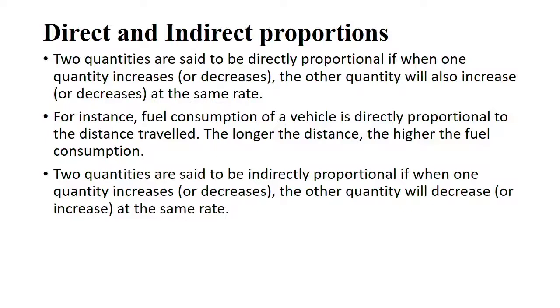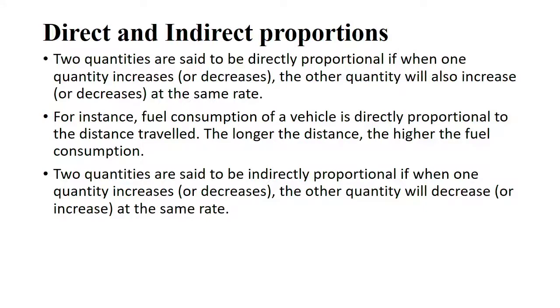They are not going in the same direction. When one is going up, the other one will come down, but at the same rate. While if this one comes down, the other one will go up at the same rate. That's why it's called indirect or inverse proportions. So I think we see the difference.